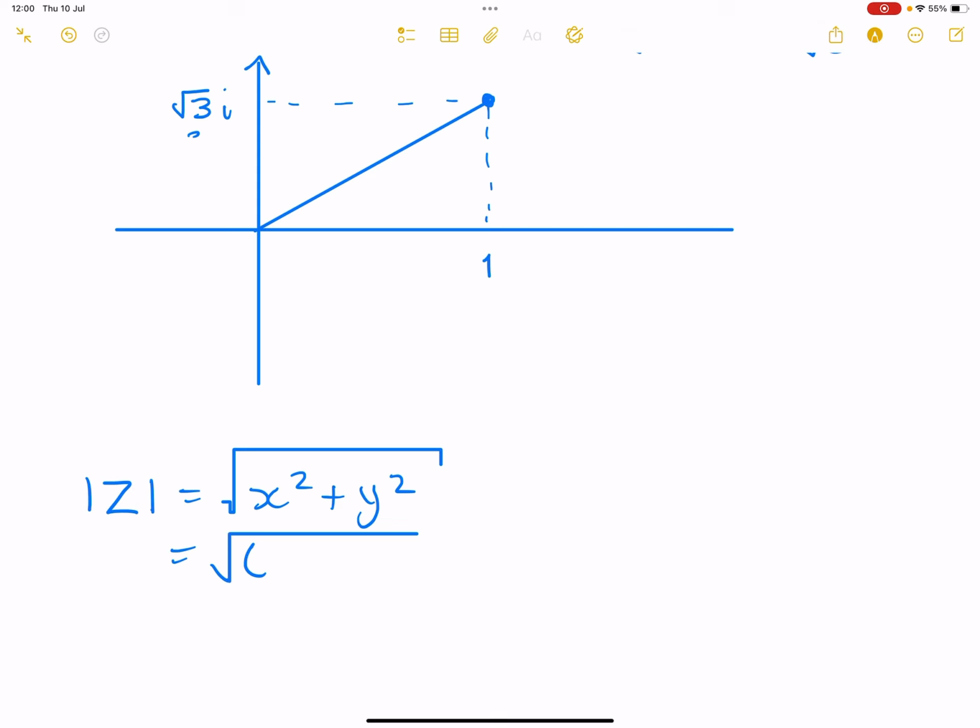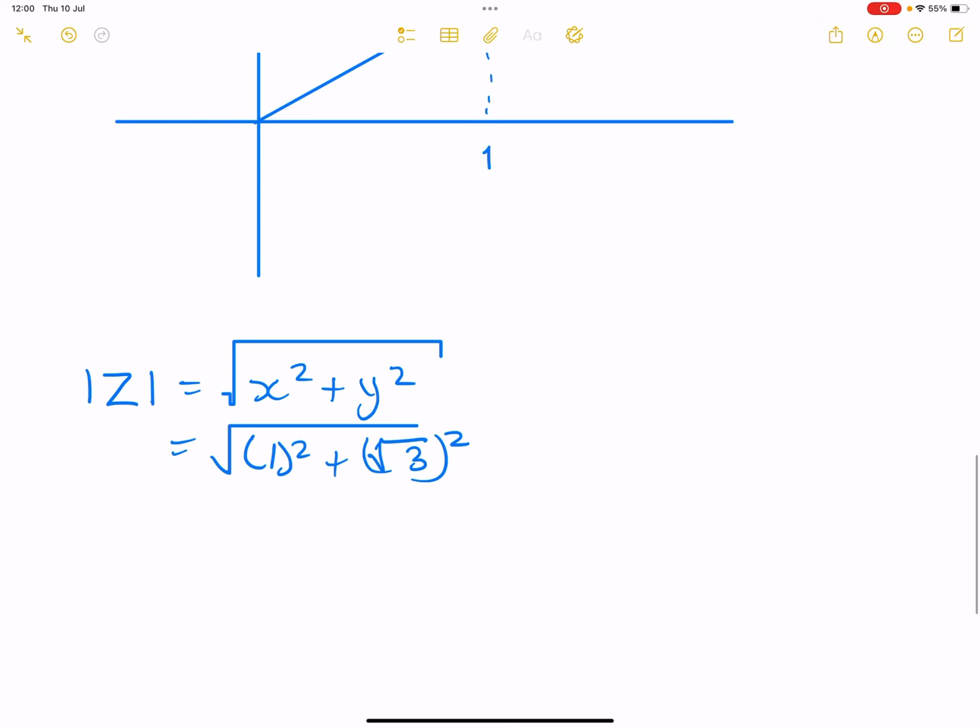And by the way, that's in the first quadrant. Our x is 1 and our y is square root 3. So that gives us 1 plus 3, which is 4, and the square root of 4 is equal to 2. So the modulus is equal to 2.